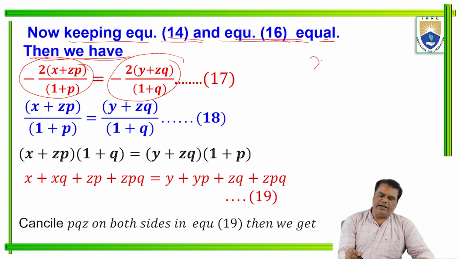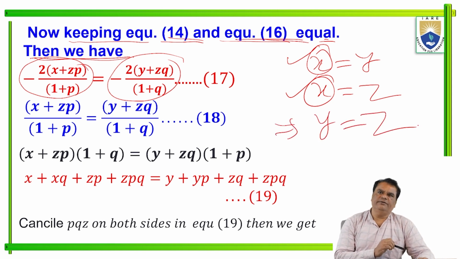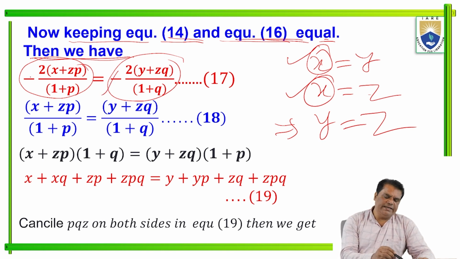Like the formula: if x equals y and x equals z, then y equals z. We apply this formula here. So this side is the same, so this side is eliminated. Now the minus sign is cancelled here. This is equation 17.